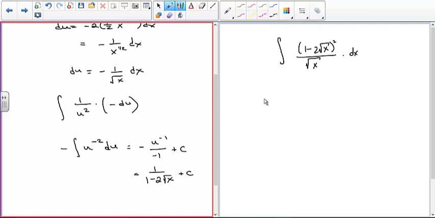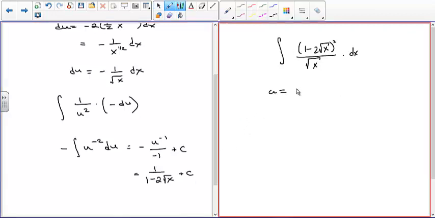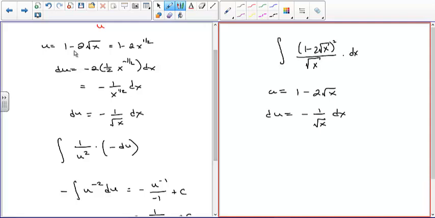Okay, we'll just do one more here. So let's see. Since u is the same between these two, I decided not to. It's 1 minus 2 square root of x. I just went straight down there.